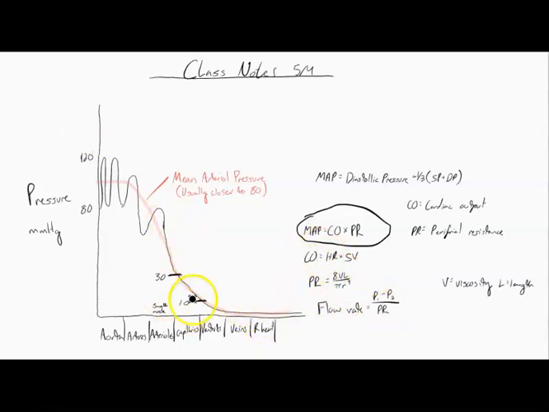During exercise, we're going to have both heart rate and stroke volume increasing, which will increase cardiac output, and it will also increase mean arterial pressure.